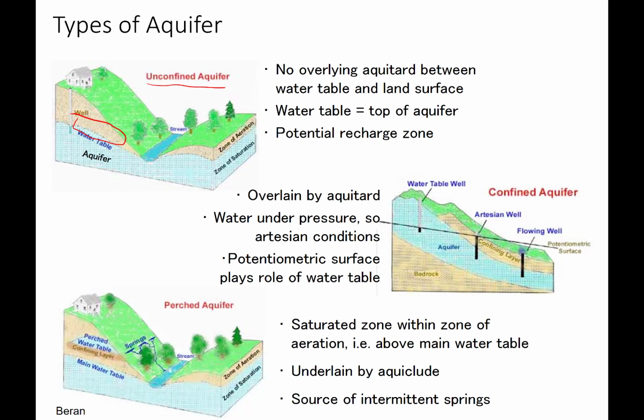If there's an aquitard present there, then it would not be unconfined. So unconfined aquifers, pretty much if you have infiltration that comes into the soil, it will reach the groundwater. And the water table, the surface of the groundwater, is essentially the top of the aquifer.